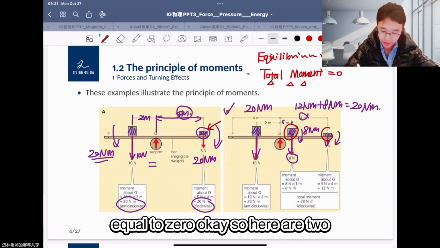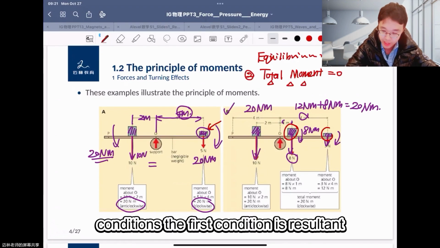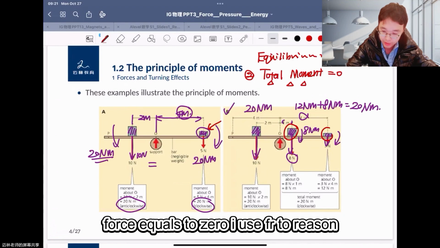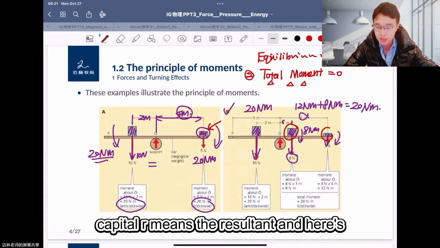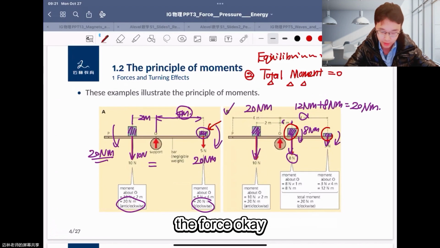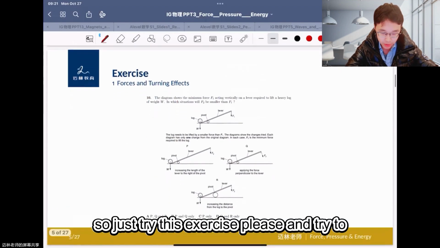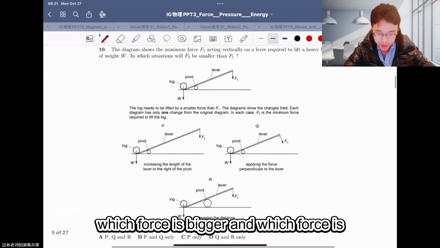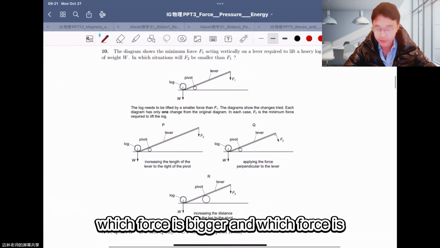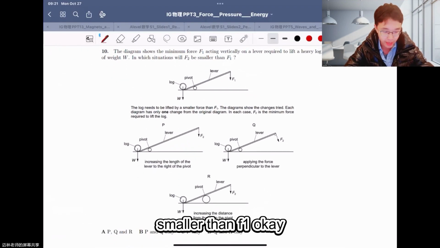So here are two conditions. The first condition is that the resultant force equals zero. I use FR to represent the resultant force, so capital R means the resultant, and F is the force. Now just try this exercise, please, and try to figure out which force is bigger and which force is smaller than F1.